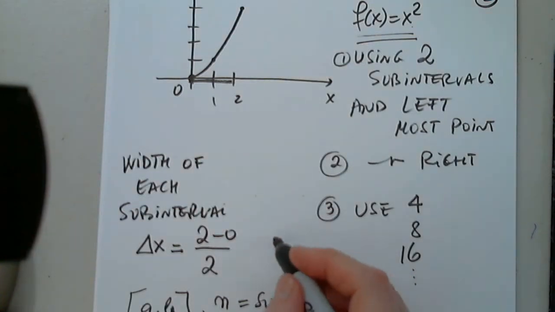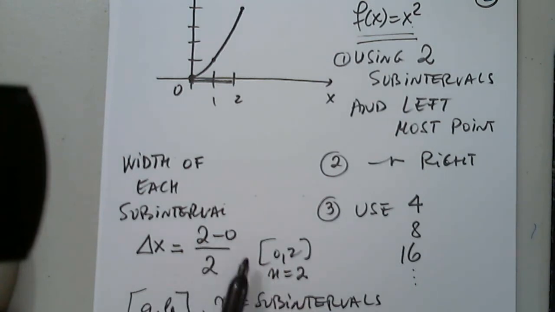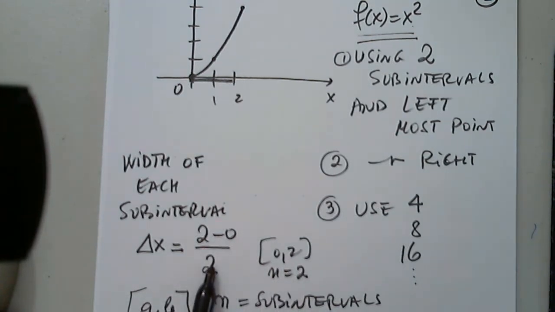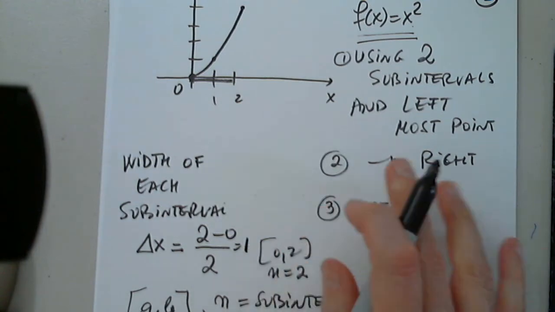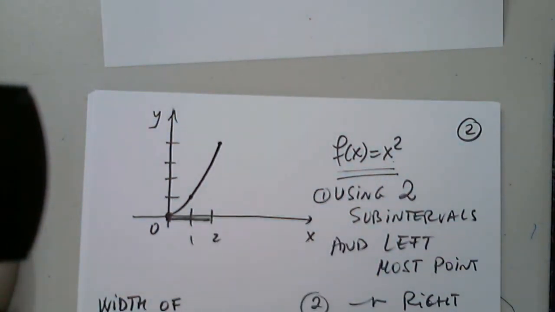So our interval was 0, 2, and we had n equals 2. 2 minus 0 divided by the number of subintervals. If I have the interval a comma b and I have n subintervals, b minus a over n is the width of each subinterval. Okay, so in this case, this is 1. Okay, fine. I'm coming back to the graph. And then I just need a different color here.